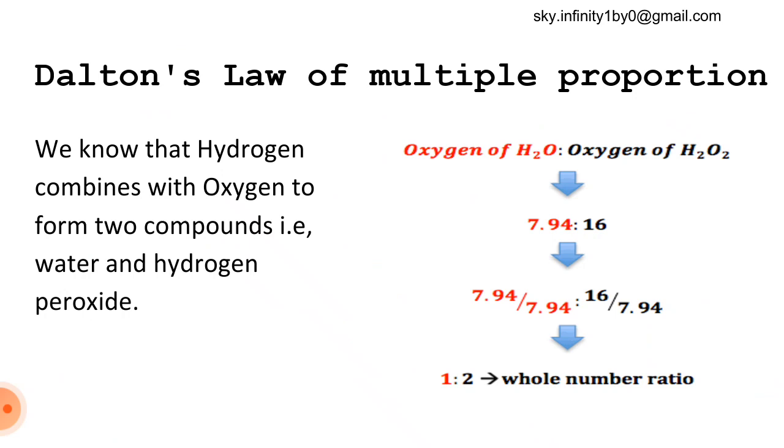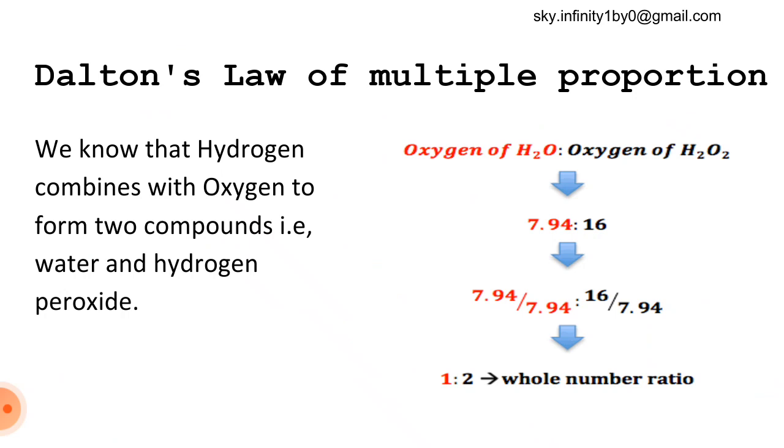Next, going on to Dalton's law of multiple proportion. We know that hydrogen and oxygen give us two compounds, namely hydrogen peroxide and water. If we consider only the oxygen part from water and from hydrogen peroxide, and calculate the ratio of the amounts of oxygen, we will get a whole number.